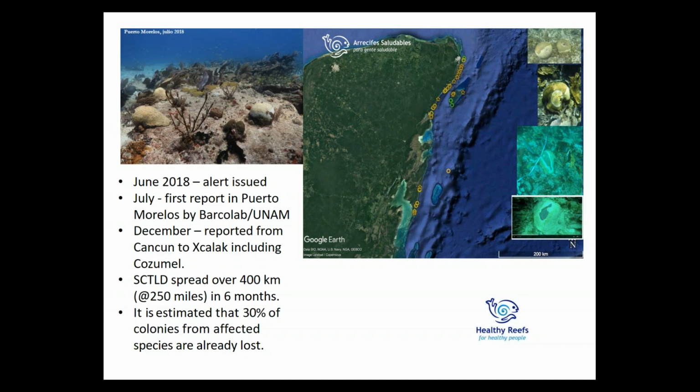And by December, it had been observed from Cancun in the north all the way down to Xcalak at the very bottom of the coast of Quintana Roo, and Xcalak borders Belize. So it had spread over 400 kilometers in just 6 months' time, and it's now estimated that 30% of the colonies from those affected species have been lost.